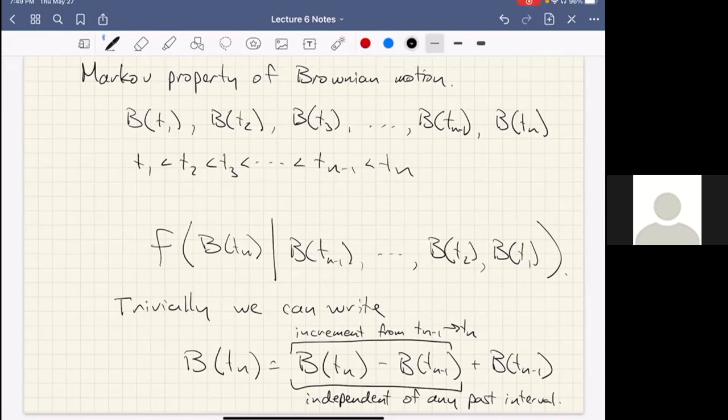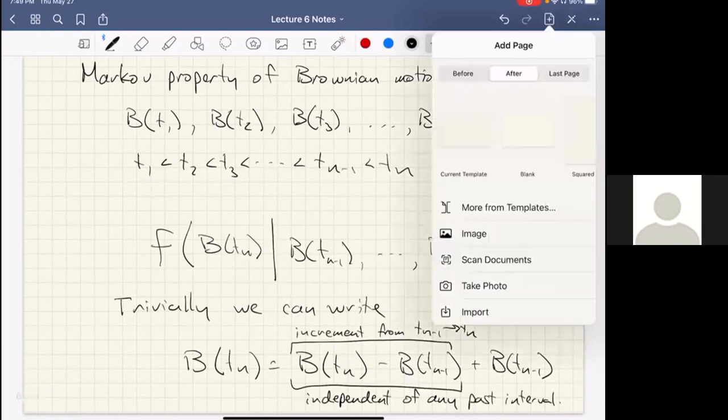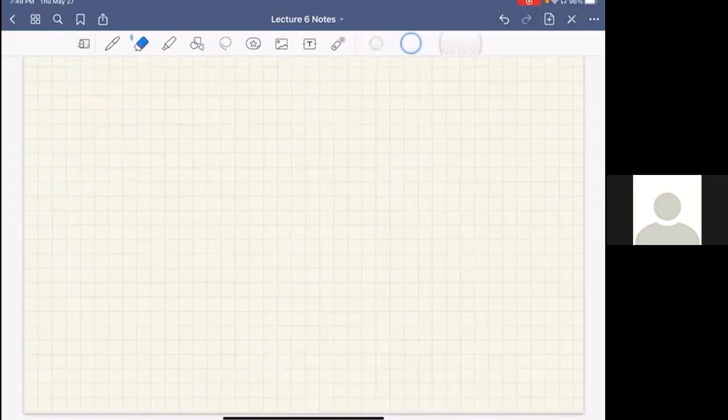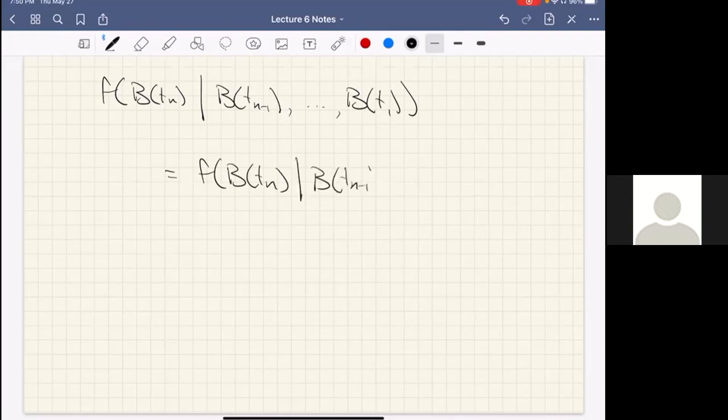So from this argument, we can say f of B Tn given B Tn-1 and so on down to BT1 is equal to f of B Tn given B Tn-1. This implies the Brownian motion is a Markov process.